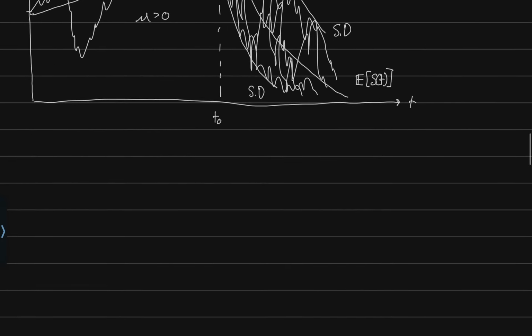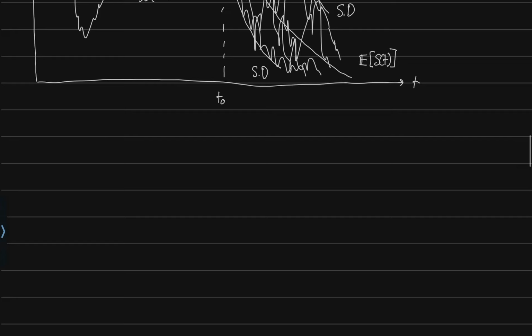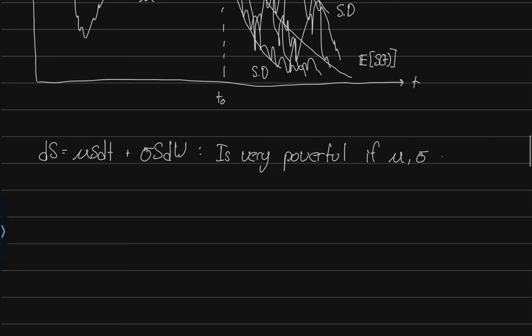So to make the final point, dS is equal to mu S dt plus sigma S dW is very powerful if mu and sigma are chosen correctly.